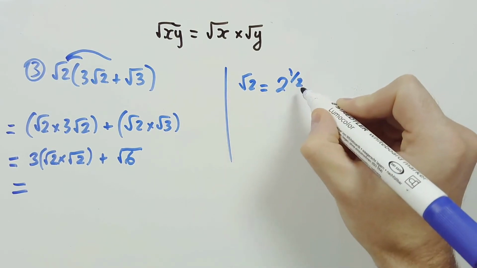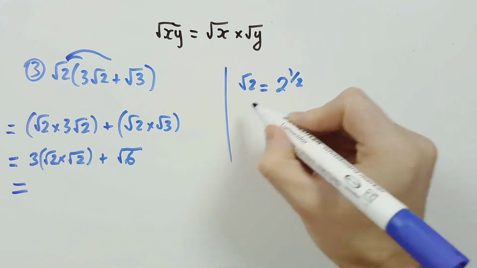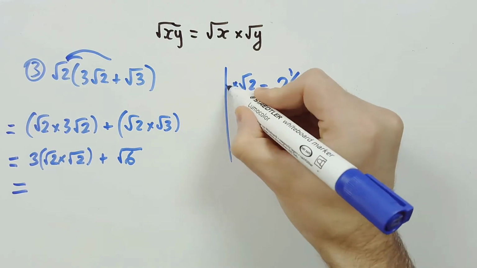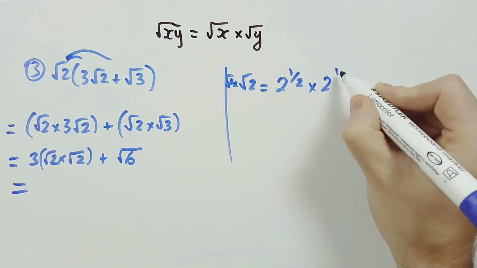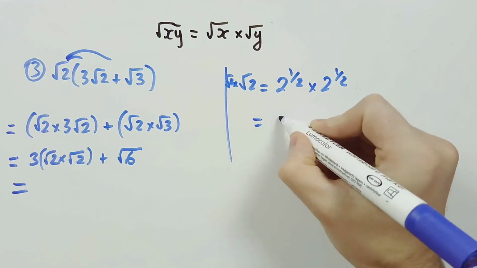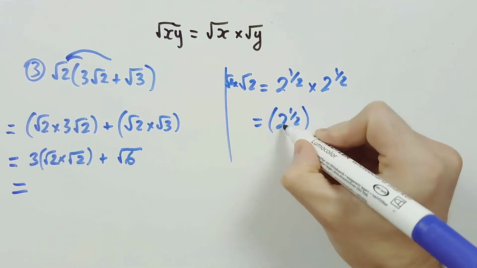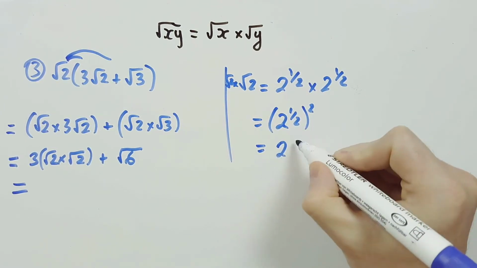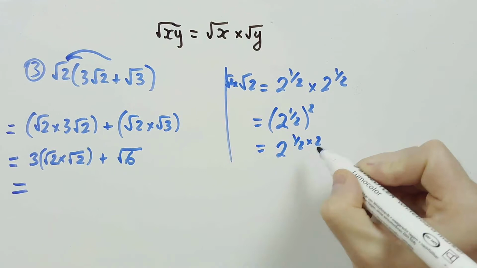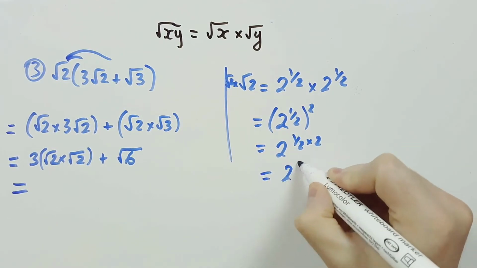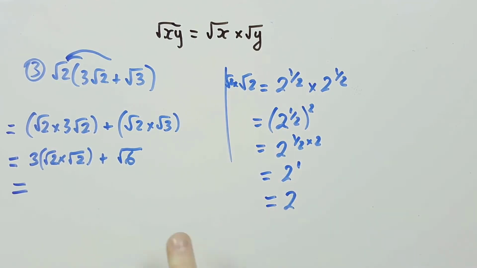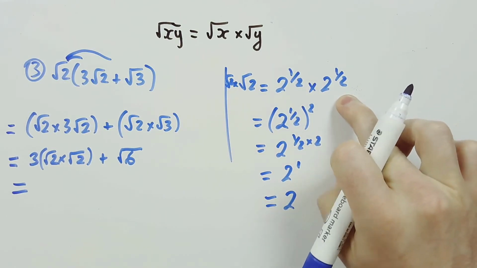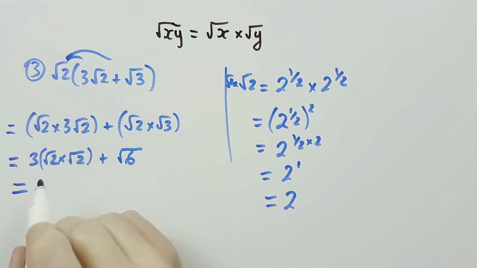So root 2 multiplied by root 2 is 2 to the power of a half multiplied by 2 to the power of a half, or 2 to the power of a half squared, or using our index law, 2 to the power of a half times 2. And of course, a half times 2 is 1, 2 to the power of 1, which leaves us with 2. So that's why multiplying a surd by itself results in the number within it.